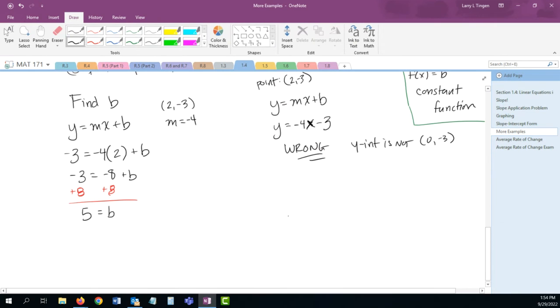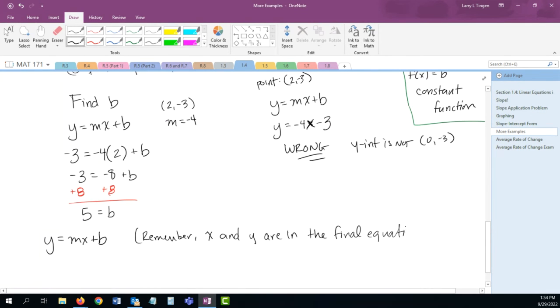Now, 5 is not the answer to this question either. The answer to this question is the equation in slope-intercept form. Now, remember, x and y are in the final equation.